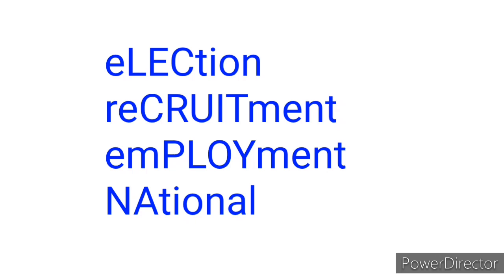Now let's look at the word recruitment. In the word recruitment, the root word is recruit. The word recruit, is it an action word or a noun? It's an action word, a verb, so the stress will go to the second syllable. Recruit. I hope you're following.